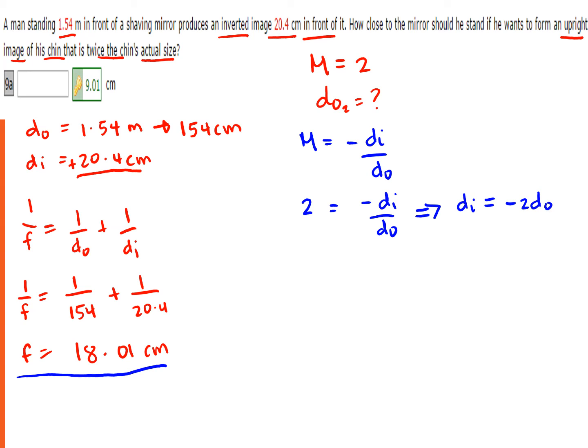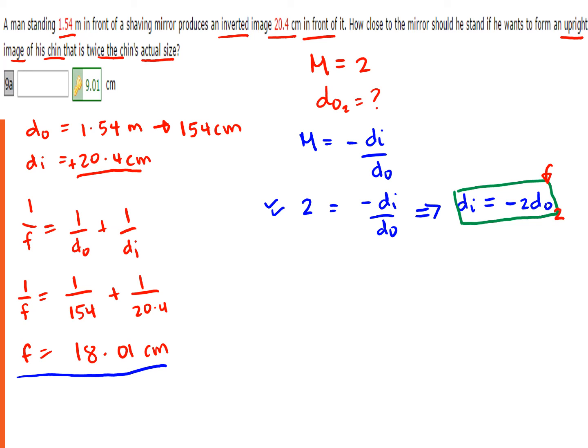So we have manipulated this equation and we're able to come up with this expression here, DI is equal to negative 2 DO. And this DO over here is actually our DO2, which is what we are going to solve for.